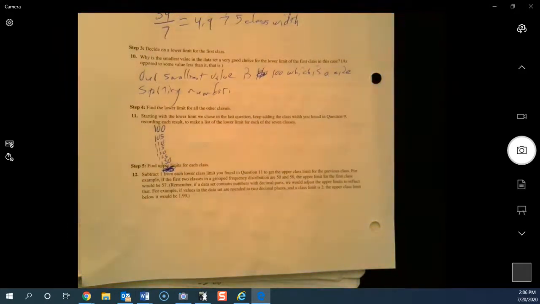The upper limit for the first class would be 57. Remember, if a data set contains numbers with decimal parts, we adjust the upper limits to reflect that. For example, if the values in the data set are rounded to 2 decimal places, and the class limit is 2, the upper class limit would be 1.99. So we don't have to worry about that right now.